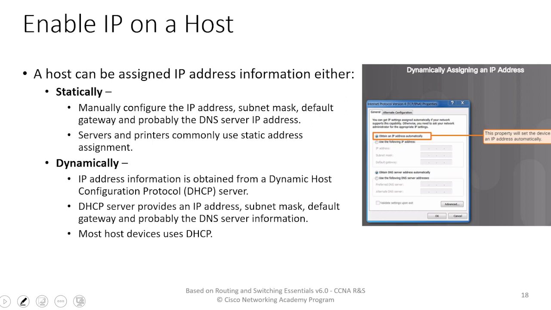But one of the most common ways that we would do this in most networks is using a dynamic approach, so the users don't have to manually configure this information. Once the connectivity to the network is established, this information can be obtained from a DHCP server, a Dynamic Host Configuration Protocol server, and it can provide the IP address, subnet mask, default gateway, and all this information, including DNS server information, to these devices. Most host devices these days would use DHCP.